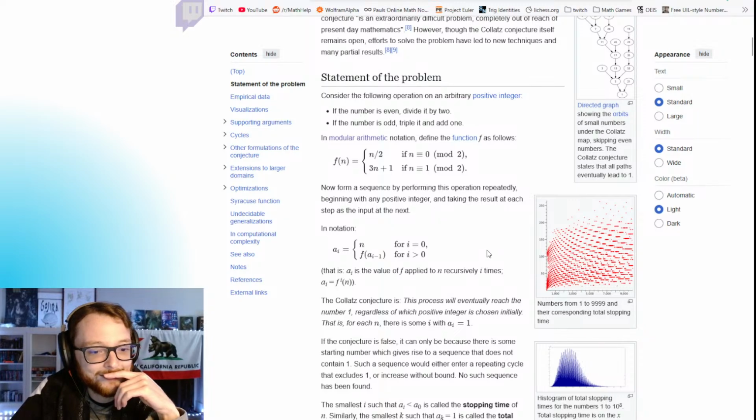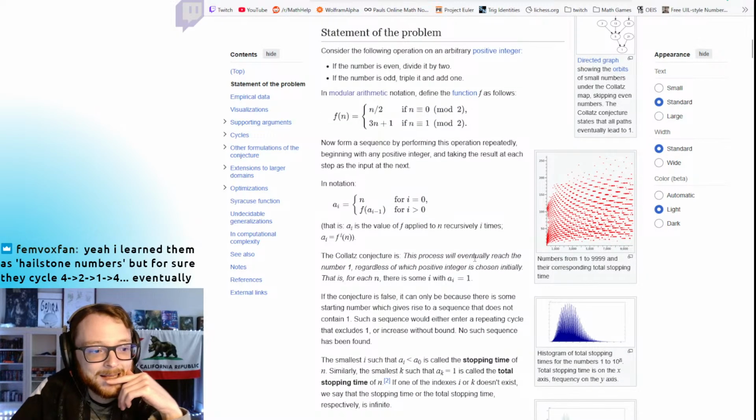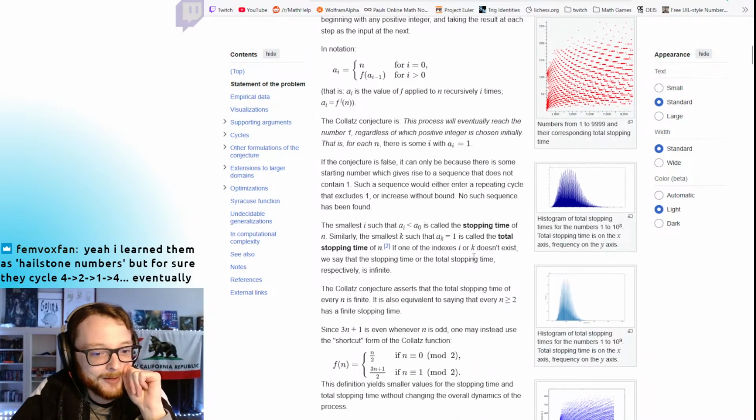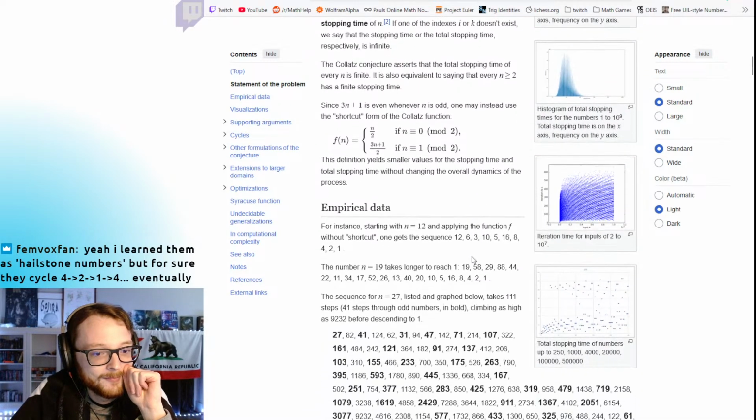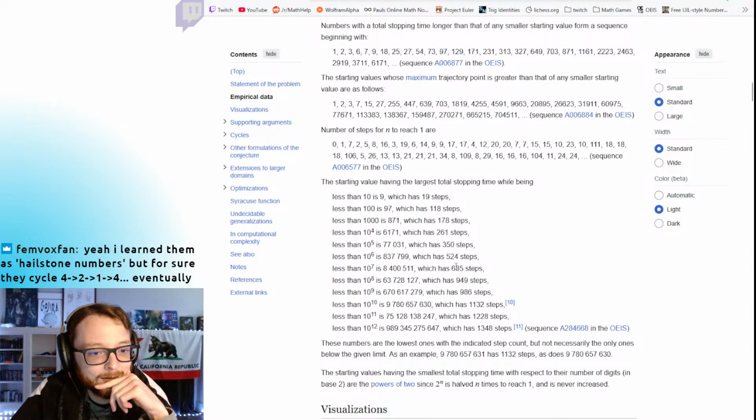Oh, Founts, you are saying it's 4, 2, 1. Okay, that part I couldn't remember, but this might be some weird equivalent to the Collatz conjecture, actually, because it does result in the exact same sequence, or like the exact same ending cycle.